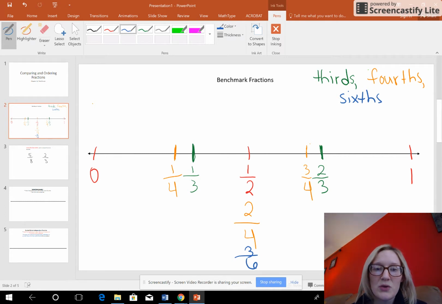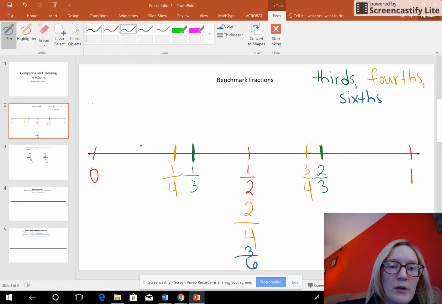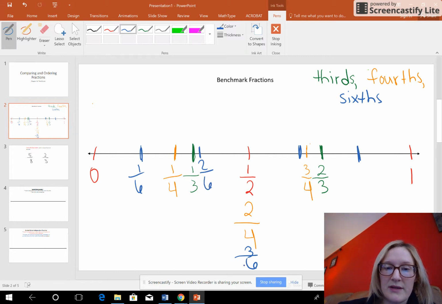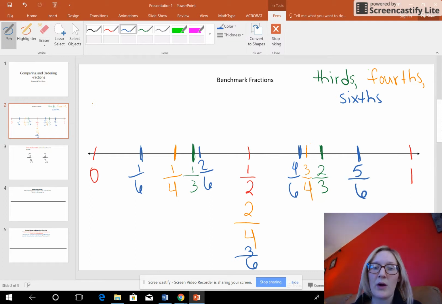That might help me visualize each half into 3 equal parts. So I'm going to do 1/6, 2/6, 3/6, 4/6, 5/6, 6/6. And then when I go ahead to label those, they might look something like this. And then there's my 3/6, 4/6, 5/6, and 6/6 would be my whole.